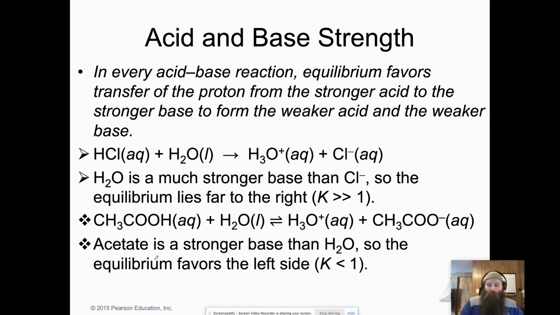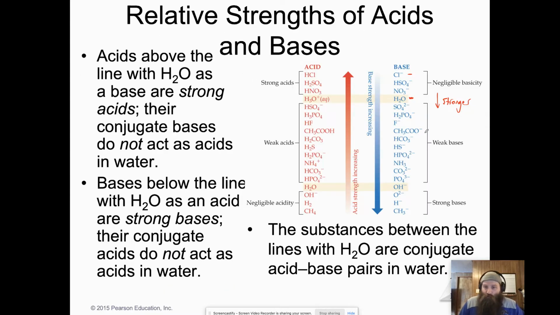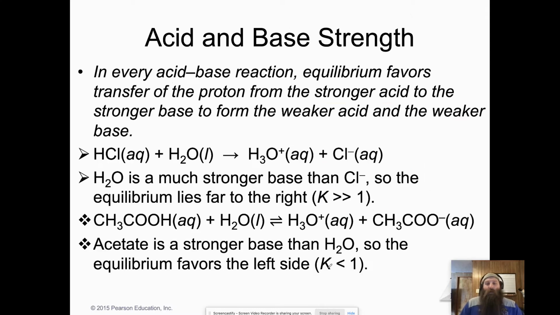So let's go find it. We just look on the table. So there's a stronger base than water is. So our K value is going to be less than 1, and our equilibrium is actually going to favor the left side. So, think about vinegar. Vinegar is like 97% water, and we'll say 3% CH3COOH.